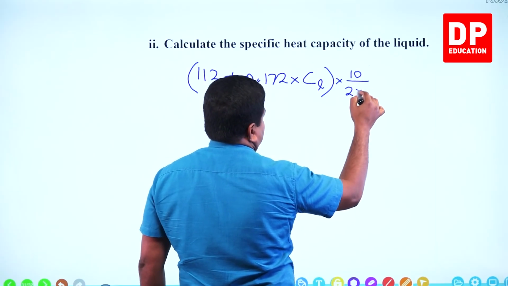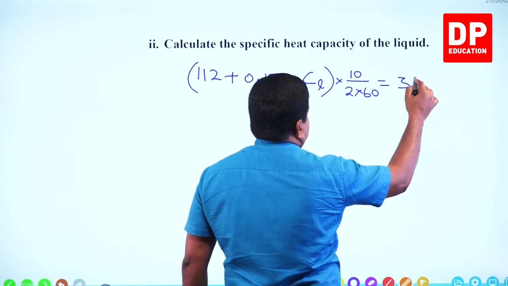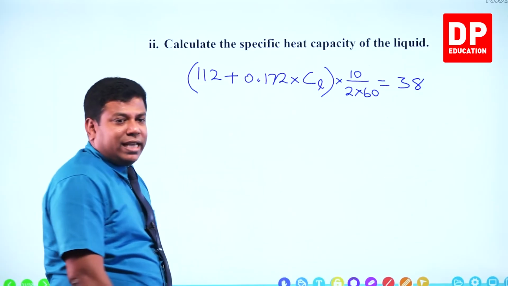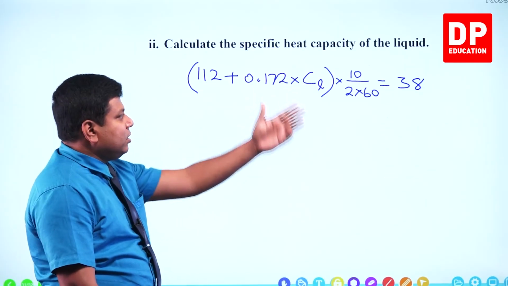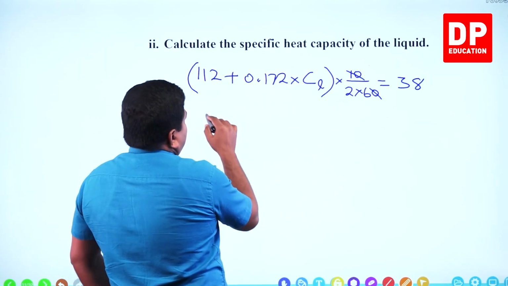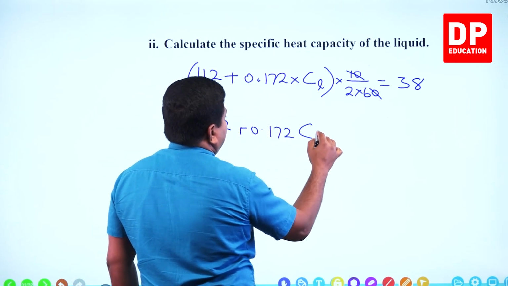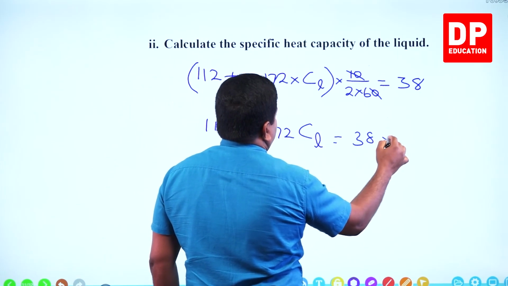It took 2 minutes. That has to be the same as for water. Water heat loss rate is 38, so this also has to be 38. 10 cancels. So 112 plus 0.172 Cl is going to be 38 into 12.